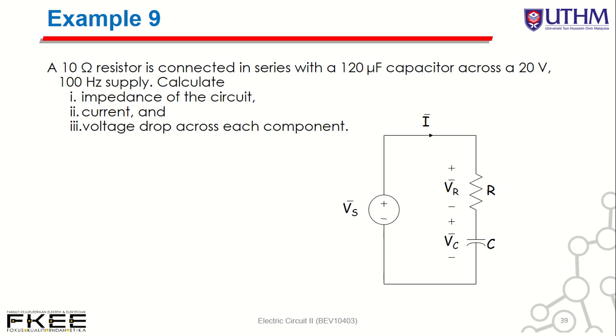Okay, so next, this is our last example. I think this one you can try on your own. This example becomes your exercise. Let me explain in brief about this exercise. Example 9. Let's say we have a 10 ohm resistor connected in series with a 120 microfarad capacitor across 20 volt, 100 Hz frequency.